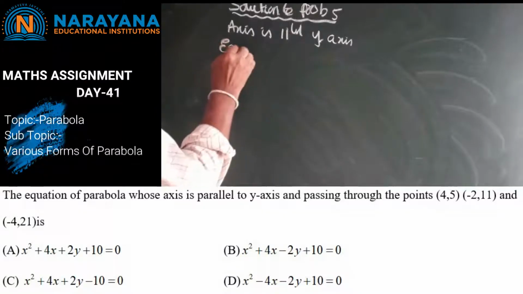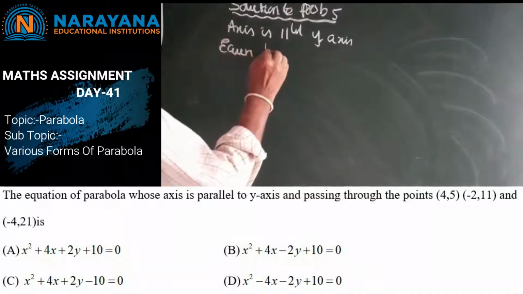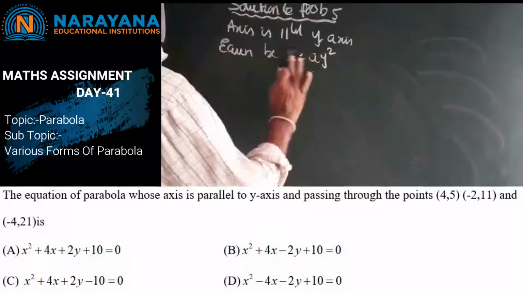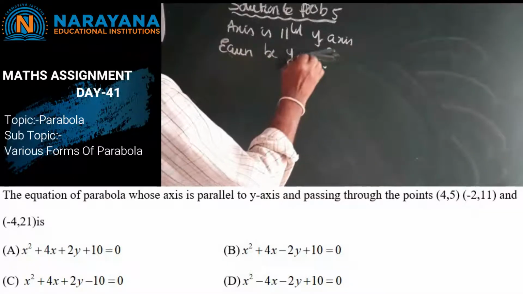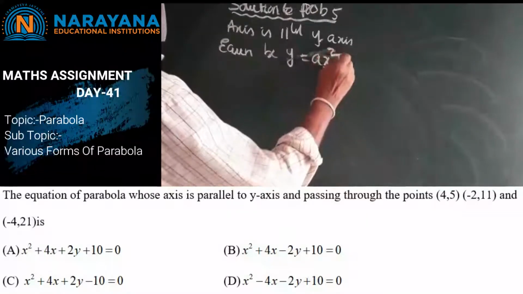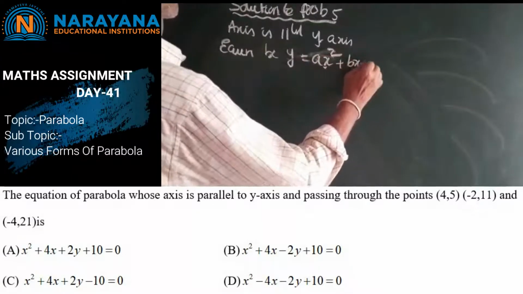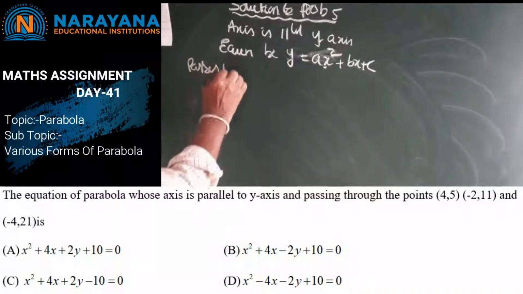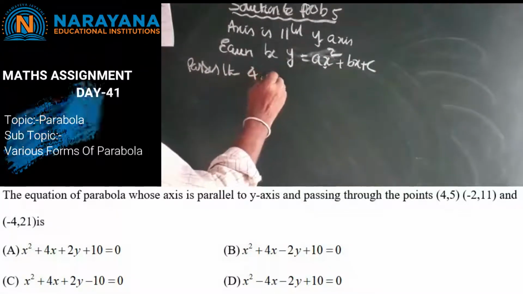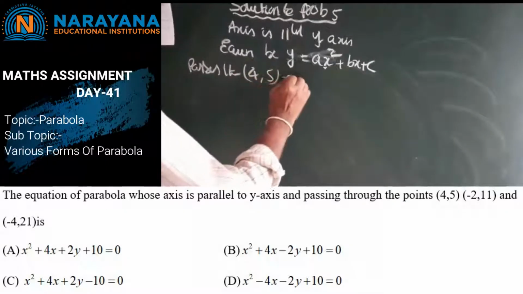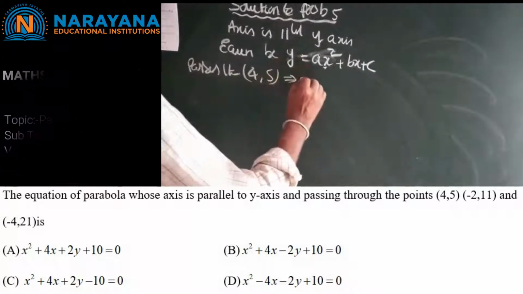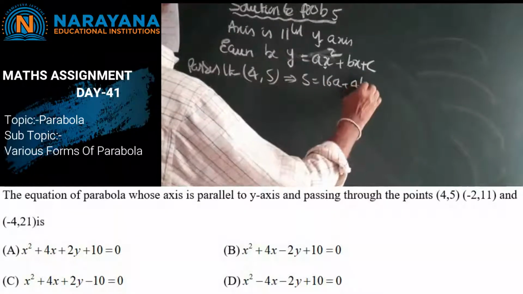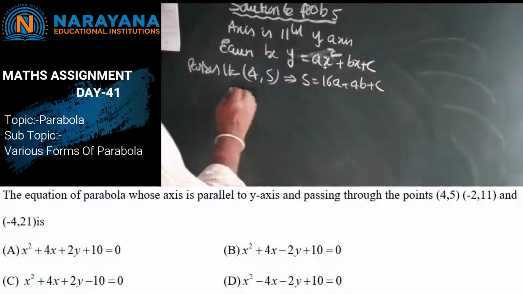So equation y = ax^2 + bx + c. Passes through (4, 5). So if you write y = 5, x = 4, 5 = 16a + 4b + c.